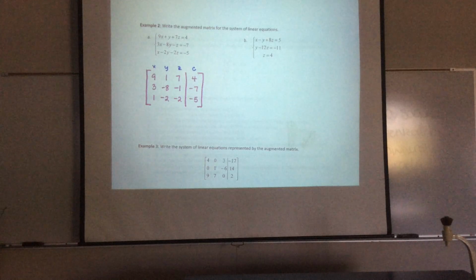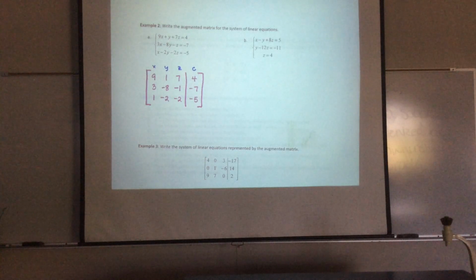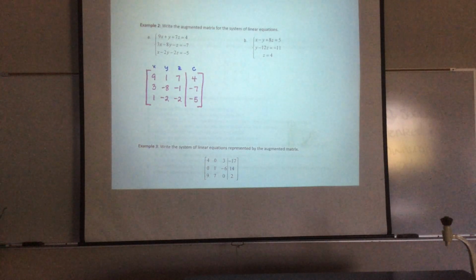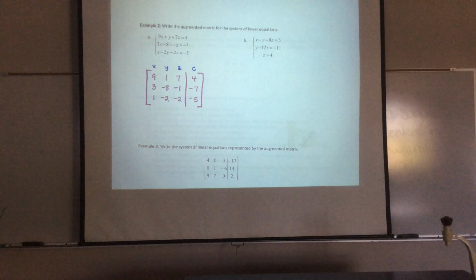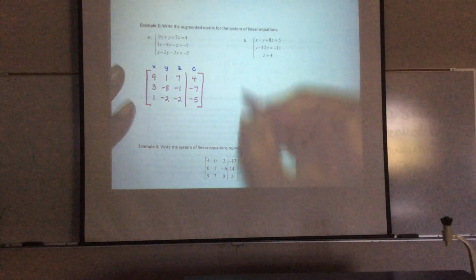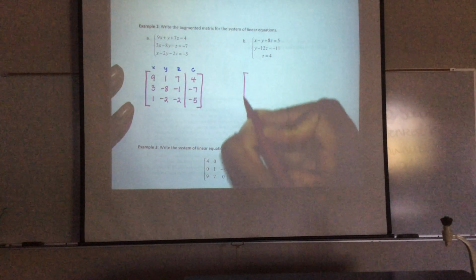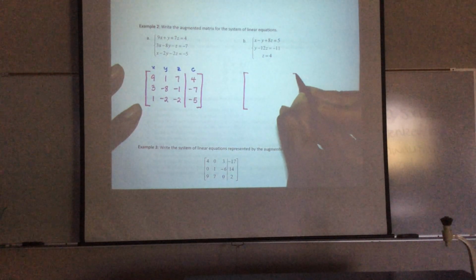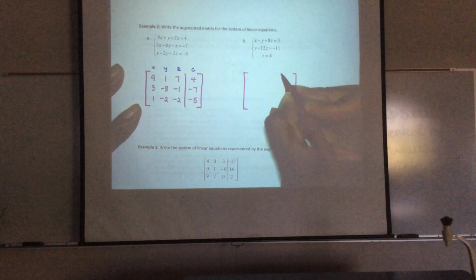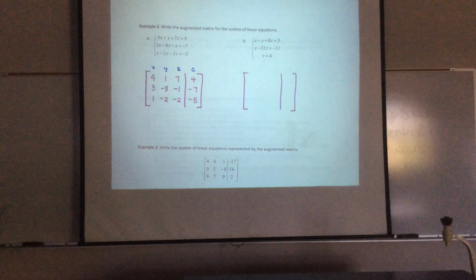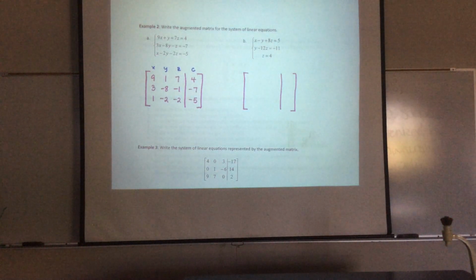Okay, now for part B, we've got x minus y plus 8z equals 5, y minus 12z equals negative 11, and z equals 4. Okay, that's the setup for that.